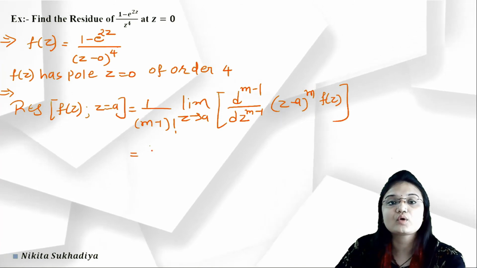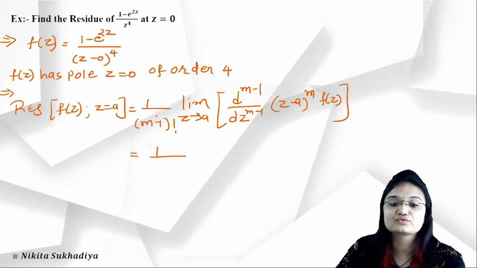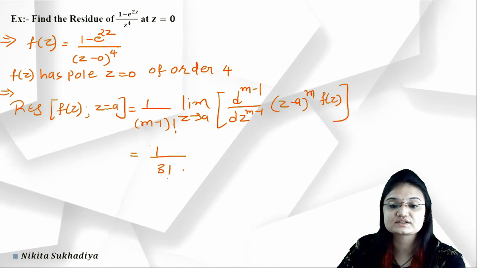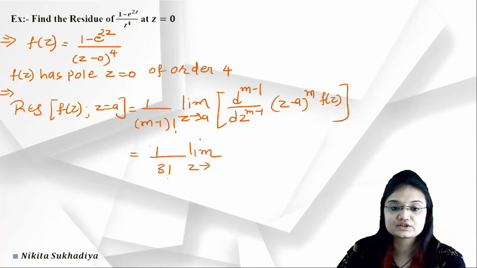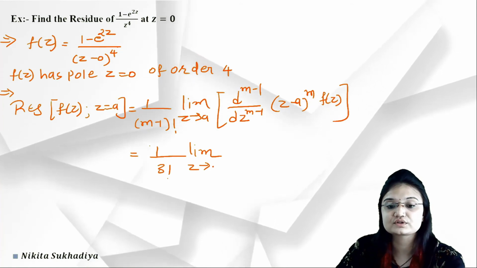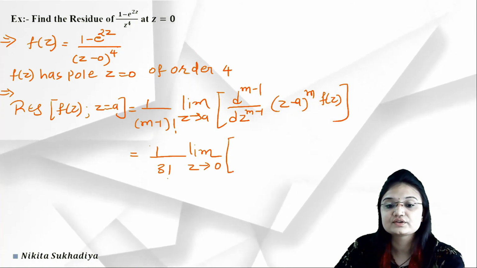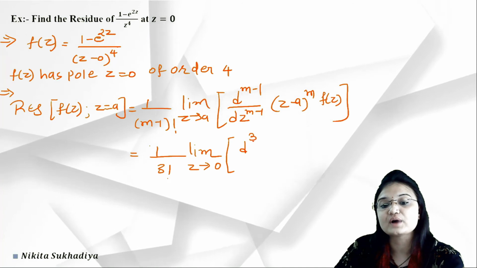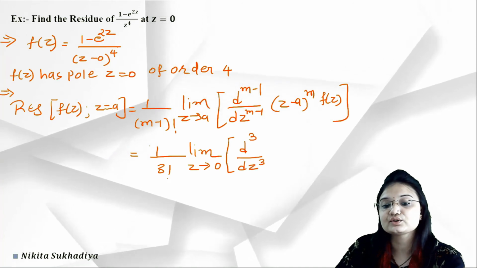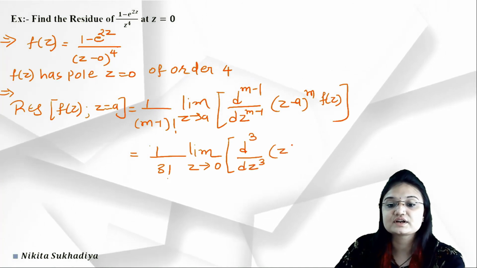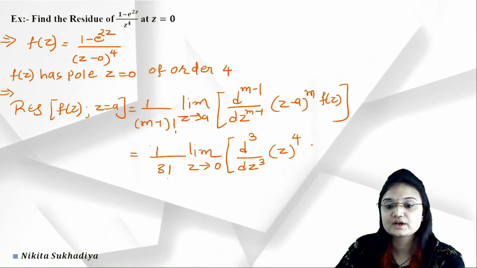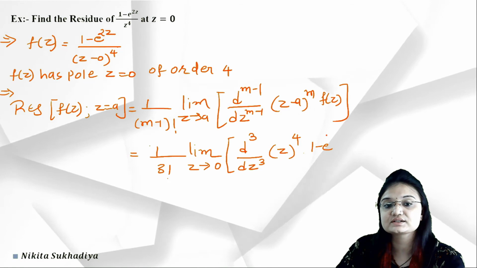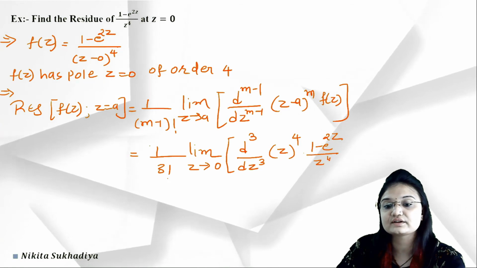So here we have order 4, so this becomes (4 minus 1) factorial, so 3 factorial, limit z tends to which point? At z equal to 0, so a is equal to 0. This becomes d cube by dz cube of z raised to 4 into the function, that is (1 minus e raised to 2z) upon z raised to 4.